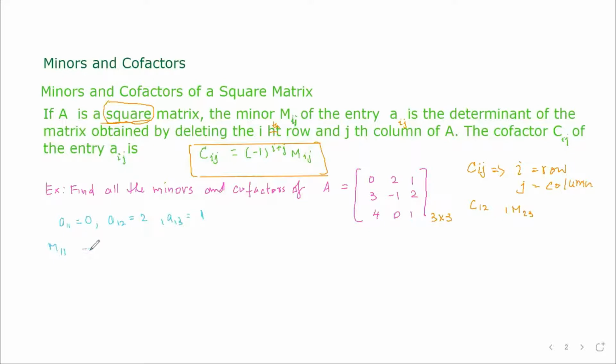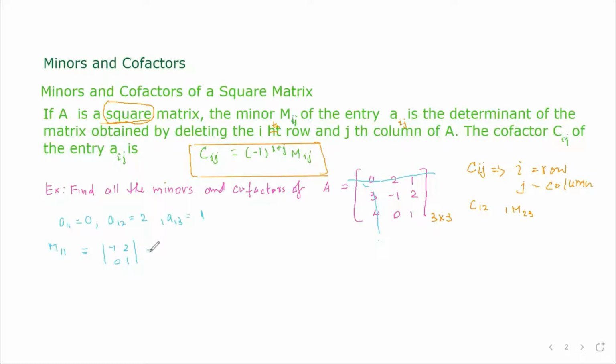So you cross out first row, first column, so this is the common point right here. You get a matrix, and you are left with negative 1, 2, 0, 1.